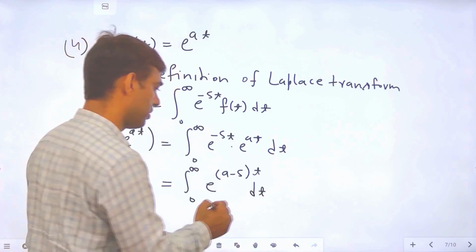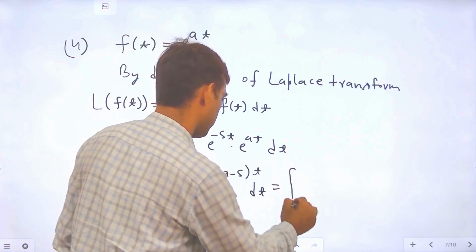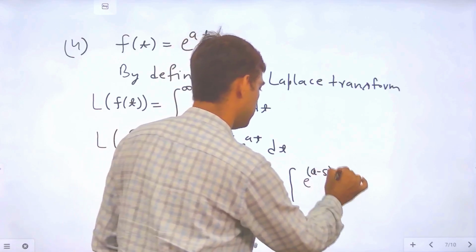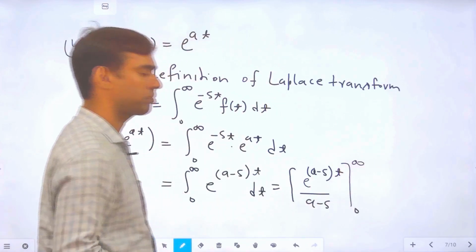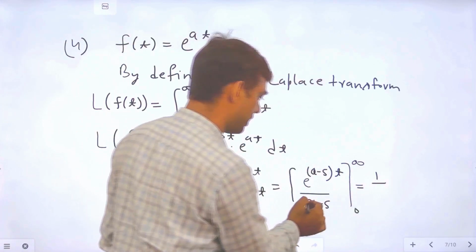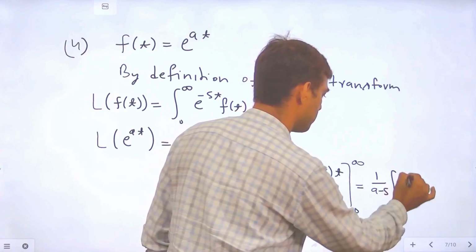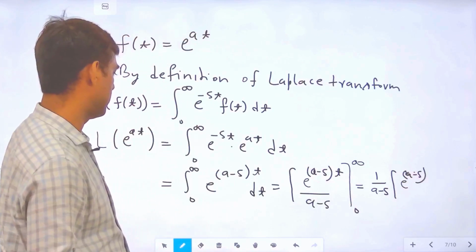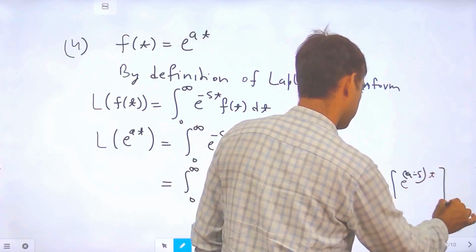So what is the value of this integral? It equals 1 upon (a minus s) times e to the power (a minus s)t from 0 to infinity. Since a minus s is free from t, it comes outside.